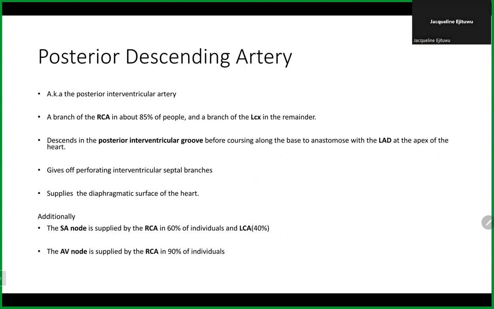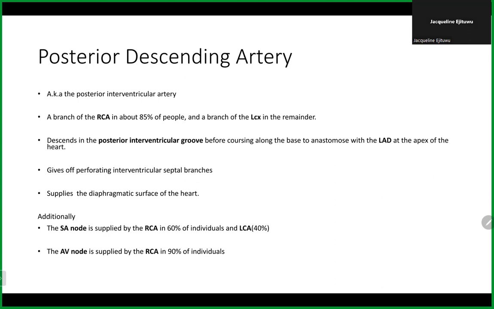But as we've mentioned earlier, it could arise from the left circumflex artery in about 15 to 20%, in which case we refer to them as left dominant. It descends in the posterior interventricular groove before coursing along the base of the heart to anastomose with the left anterior descending artery at the apex of the heart. It may give off perforating interventricular septal branches. And this posterior descending artery supplies the diaphragmatic surface of the heart, basically.